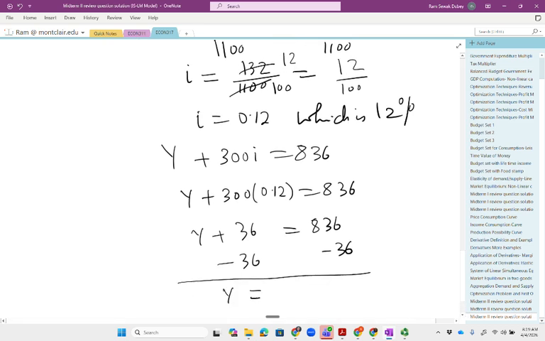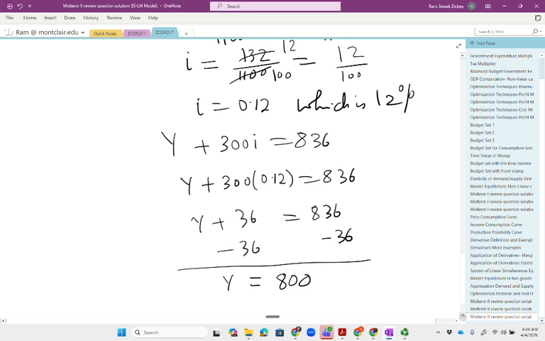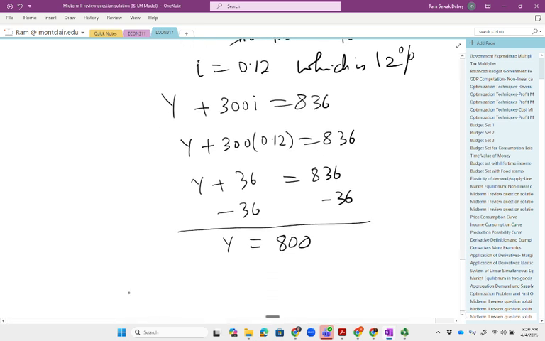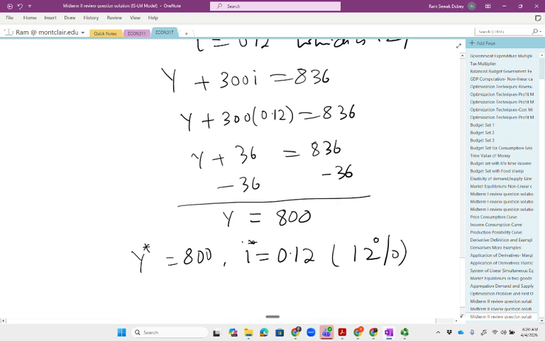What I have got is y on the left hand side, 836 minus 36 is 800. So the equilibrium GDP, y star, is 800. The equilibrium interest rate, i star, is 0.12, which is 12%. And this is a good point to stop.